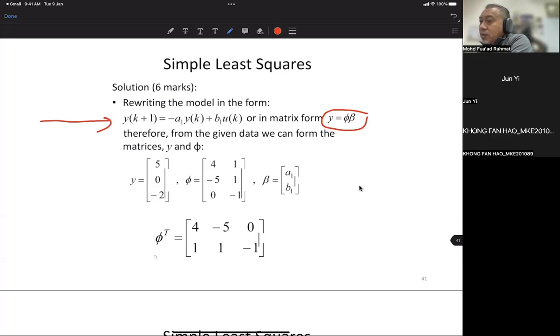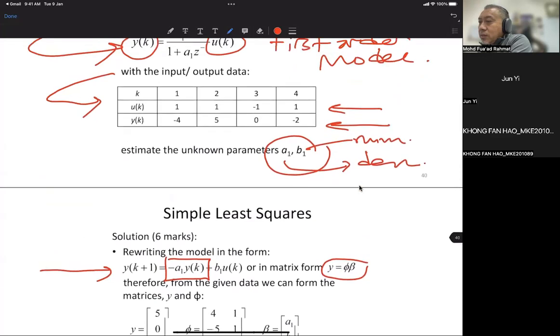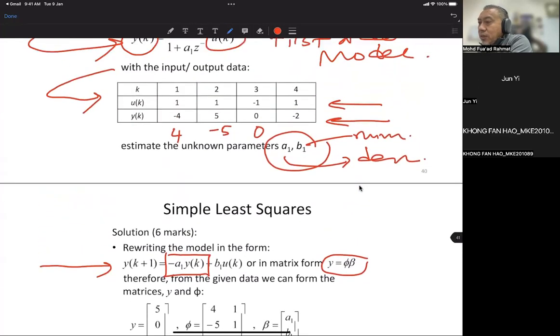So in this case, we carefully look at the y data and then put negative. So y(k) is minus 4, positive 4, minus positive 5, minus 5, so 0 is 0. Therefore, we can insert the value at the y(k+1), which is over here.